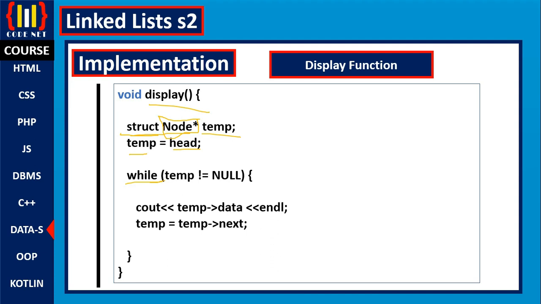So we are saying while temp is not equal to null, because we understand that if temp is equal to null, then it means the linked list has been terminated, because null will simply terminate the linked list, which is of course 0. So we are saying while temp is not equal to null, please print out temp, using the operator that allows us to select.